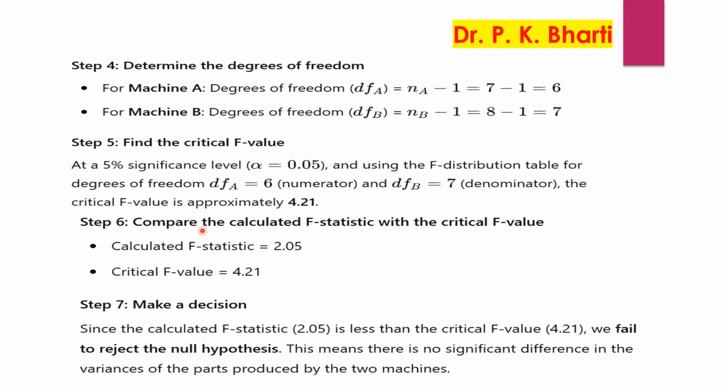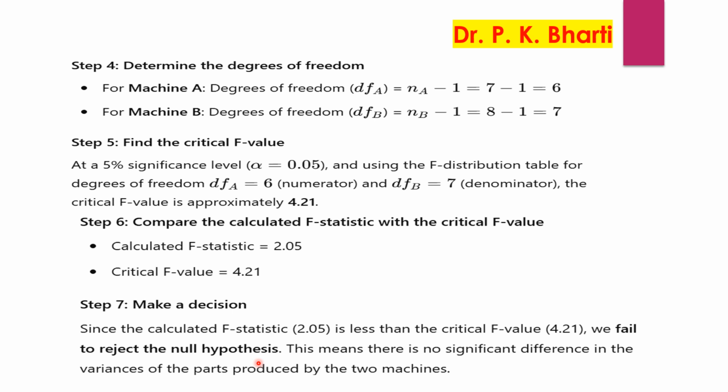Now in step 6, we will compare the F statistic and critical value. So as calculated, F statistic is 2.05, critical F value is 4.21, which is seen from the table. We can now make decision in step 7, and since the calculated F statistic 2.05 is less than the critical F value 4.21, we fail to reject the null hypothesis.